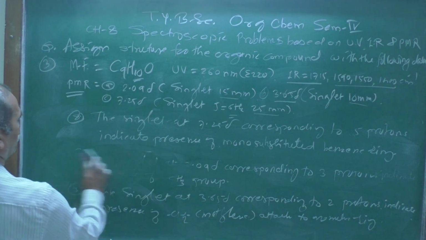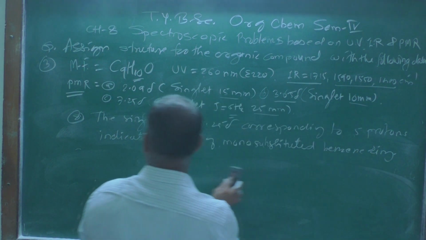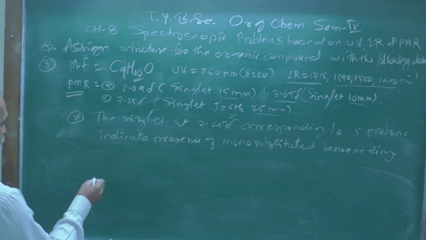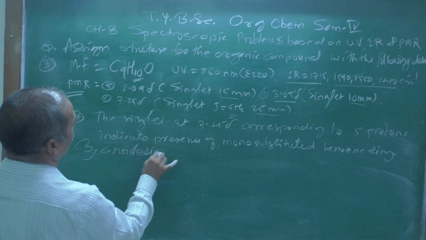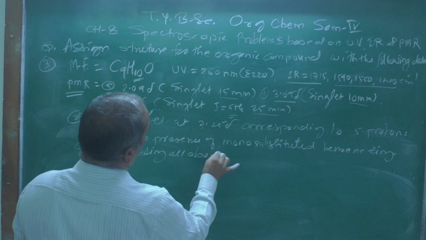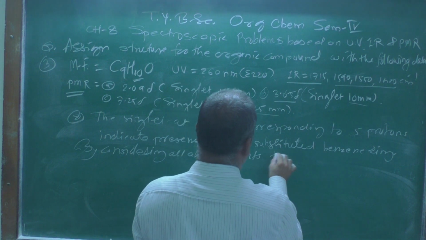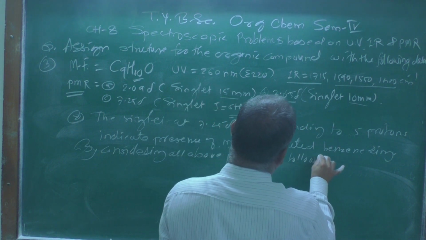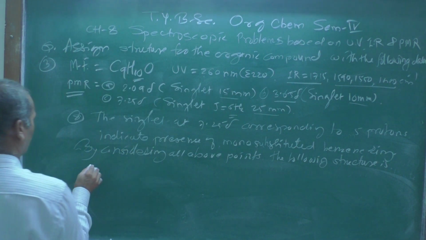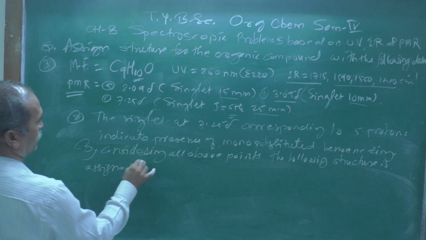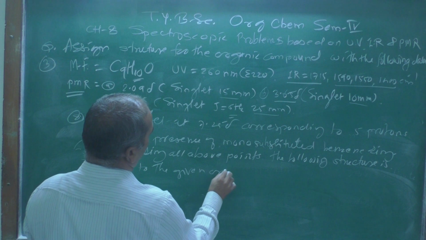And by considering all the above points, the following structure is assigned to the given organic compound.